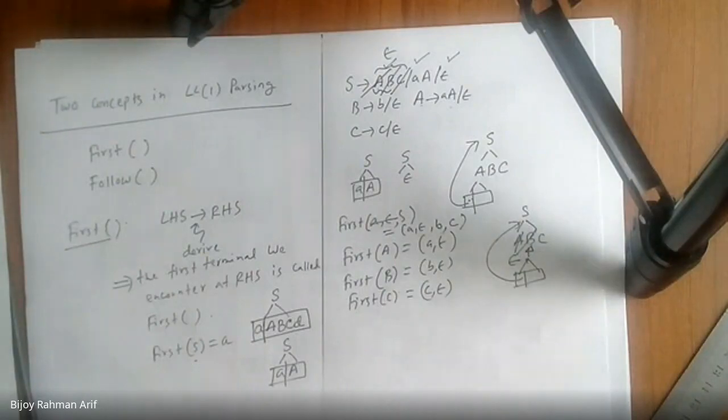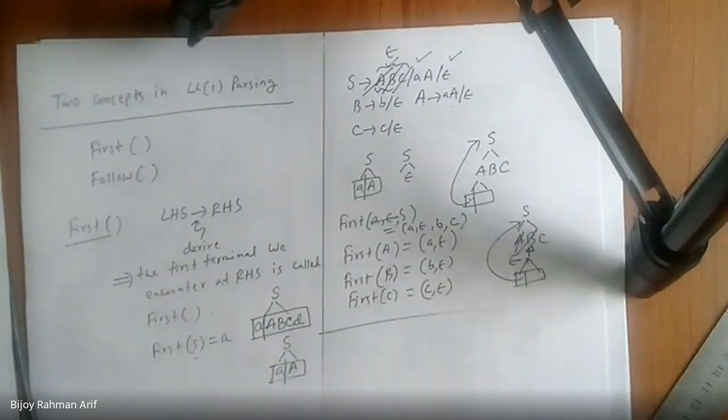Now, how can we actually write the algorithm for first? These are all the rules; cyclically, you have to do this. So what would be the algorithm for finding first?